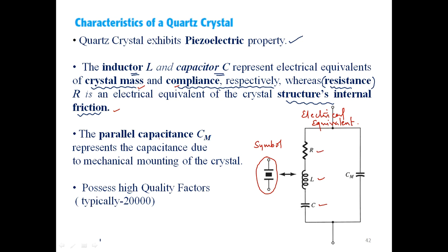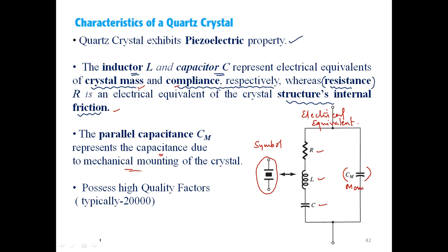This parallel capacitance Cm represents the capacitance due to mechanical mounting of the particular crystal. See, any crystal cannot be just isolated, it has to be mounted on some base. So that particular base is denoted by the symbol Cm.